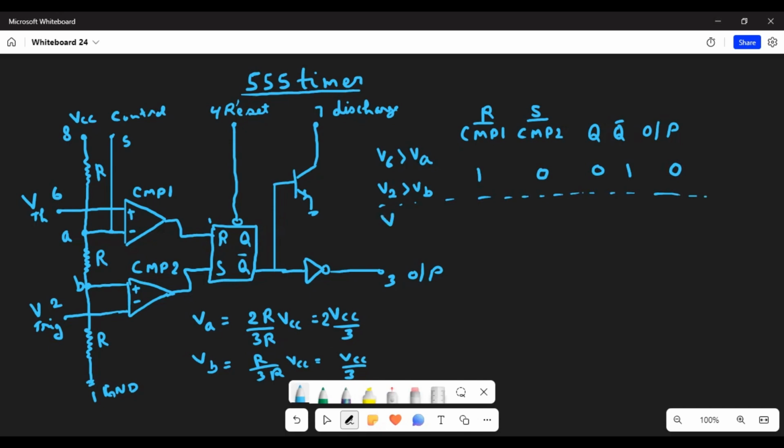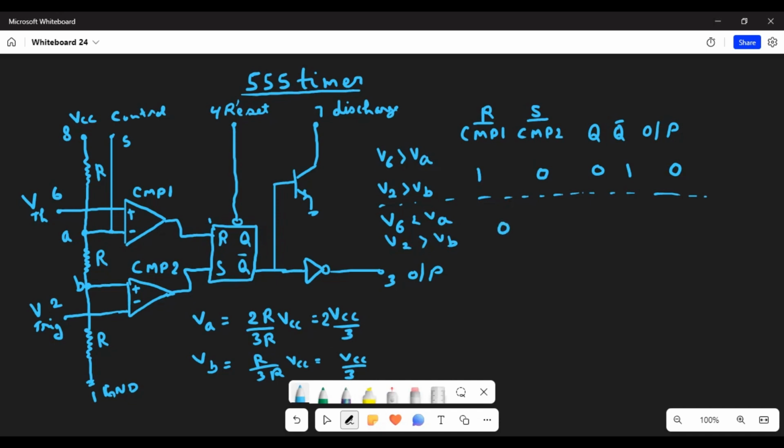Now for the second case, let's see how the voltage should change. Since V6 is smaller than VA, the voltage at the non-inverting terminal is lower than the voltage at the inverting terminal, so the output R of comparator 1 will be 0.